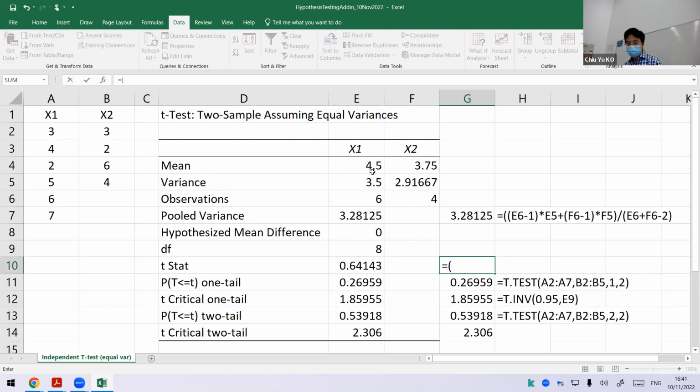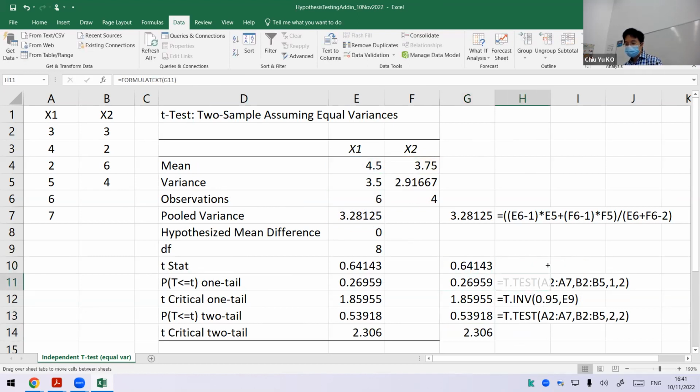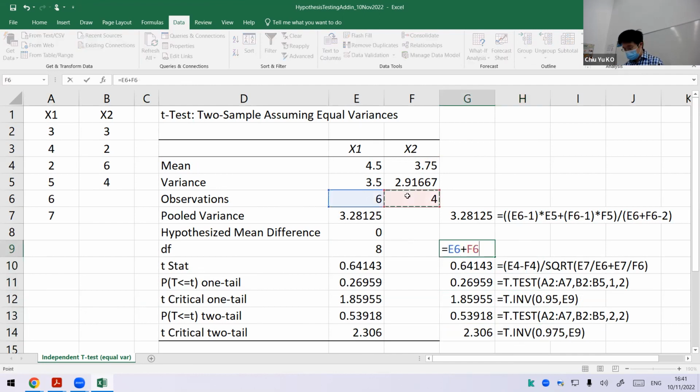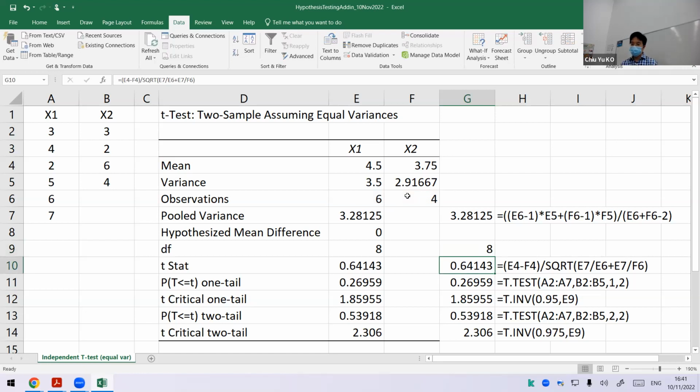T.STAT will be just the difference between the means over the square root of the pooled variance over N1 plus the pooled variance over N2. So this is what we have in the slide. Maybe if you want, you can just do this plus this minus 2. This is how you calculate it.